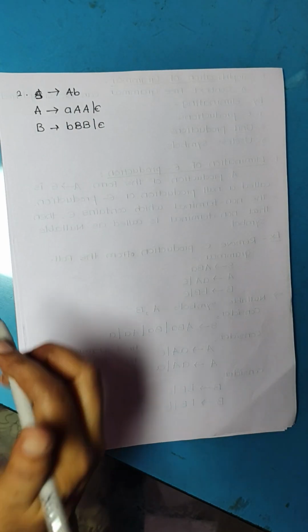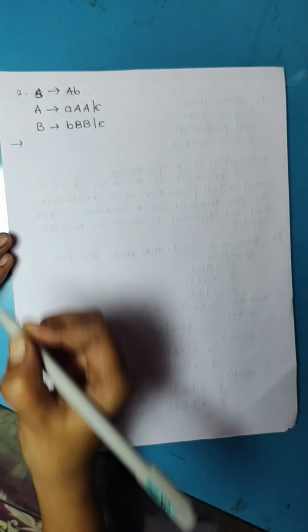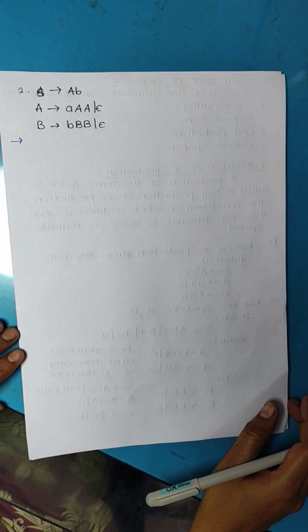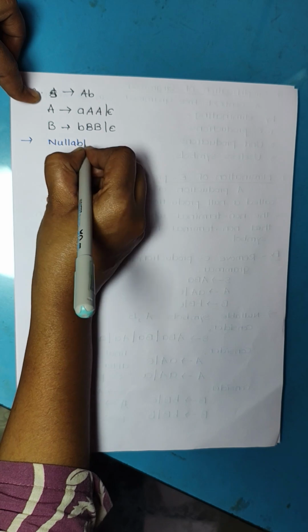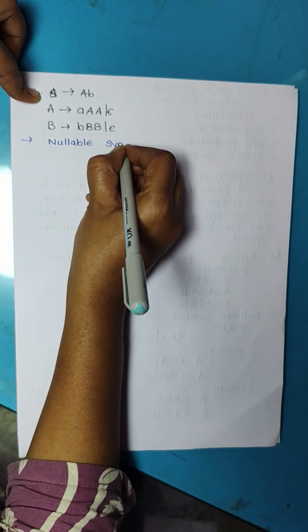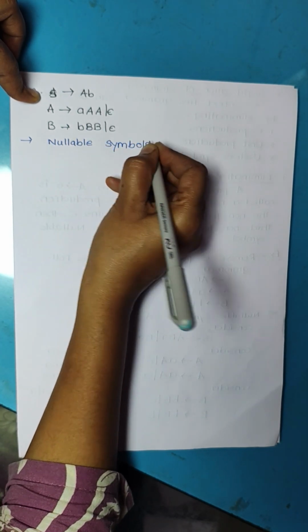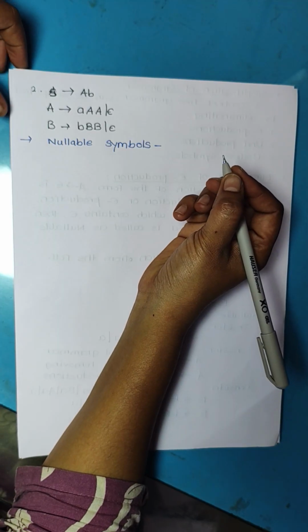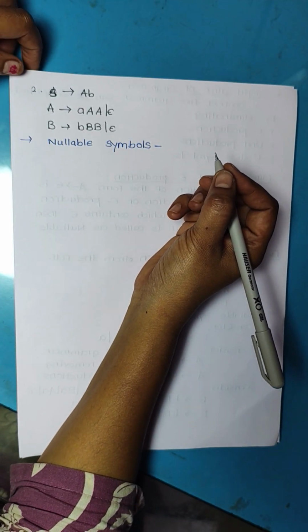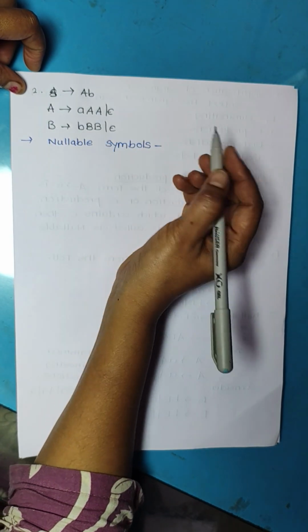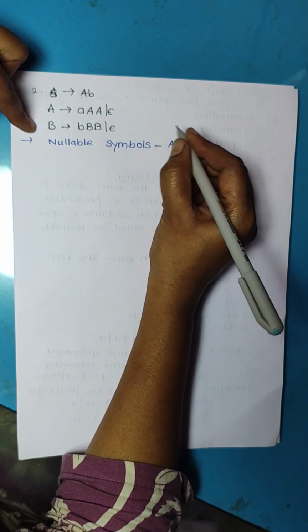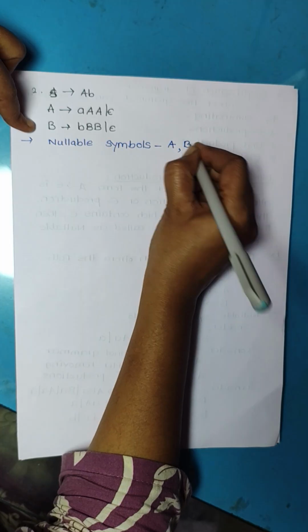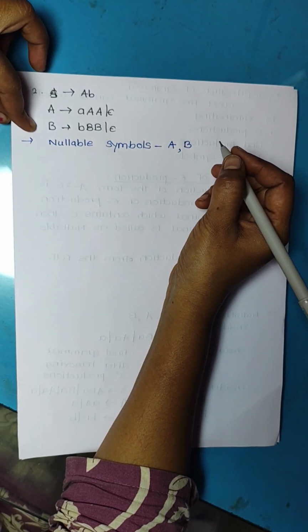Here the first step is to identify the nullable symbols. The nullable symbols are the non-terminals which contain epsilon. So here A contains epsilon, that's why A is a nullable symbol. Here B contains epsilon, that's why B is also a nullable symbol.